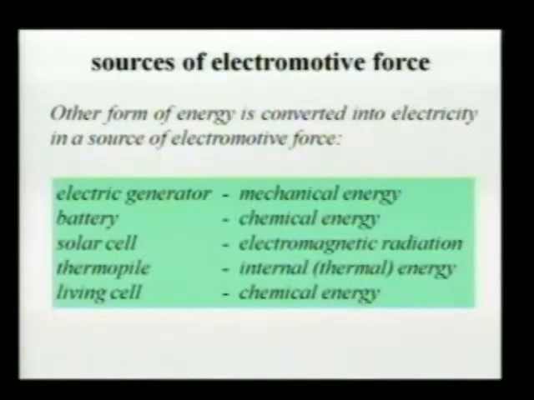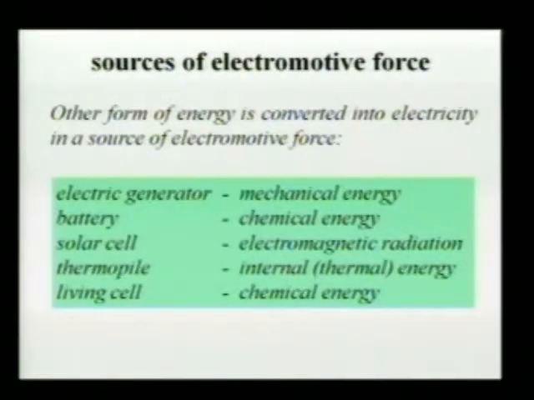In an electric generator, we crank the generator, it turns around, and actually we can turn it in many ways. Although in the generator we convert mechanical energy because the rotor in the generator is rotating and it produces electricity, there is always something which has to run the rotor.